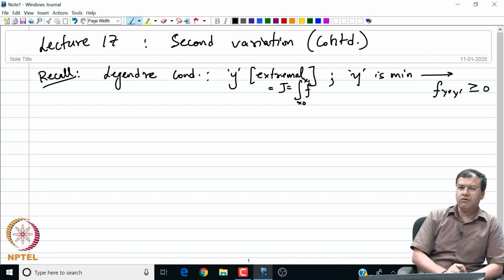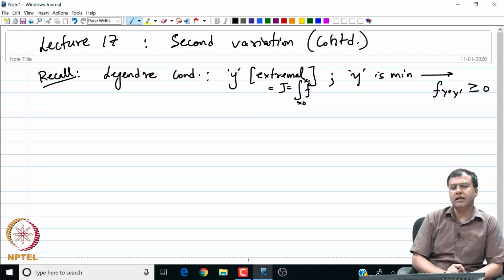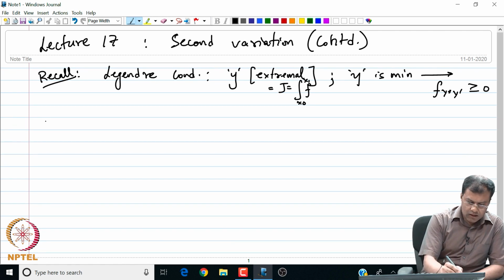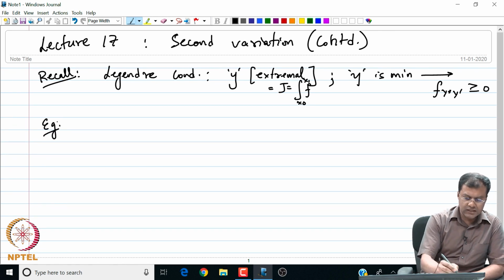We saw that this was a good starting point to look at the nature of the extrema, but we will also see starting this lecture that this is not a complete condition, and hence later on we will develop a complete condition to determine the nature of the extremal. Okay, so let us continue our discussion on the Legendre condition.